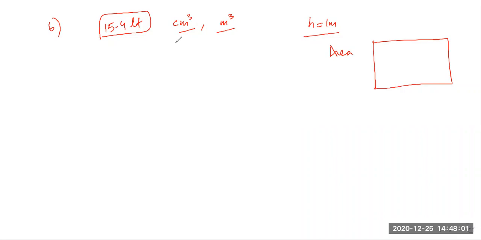Huh? It's a solid. How you came to know it's a solid? If it is a solid cylinder, how it will contain the liquid worth 15.4 liter? It will be hollow from top, not from base. I mean, it will be open from top.